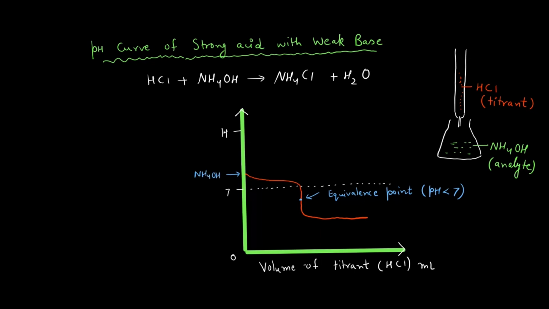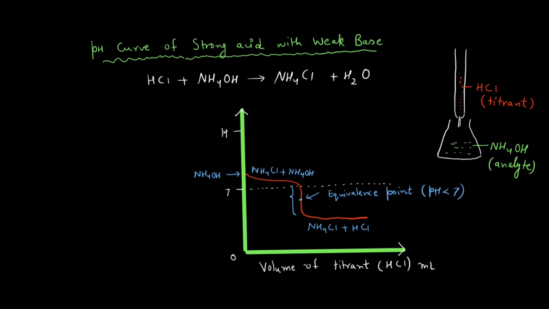When HCl is dropped into ammonium hydroxide drop by drop, ammonium chloride is formed, and we still have some ammonium hydroxide left over, which has not reacted with HCl. And when all the ammonium hydroxide has reacted, we will see a drop in pH, and after that we will have ammonium chloride in the solution, and we are still adding the HCl, so like this.